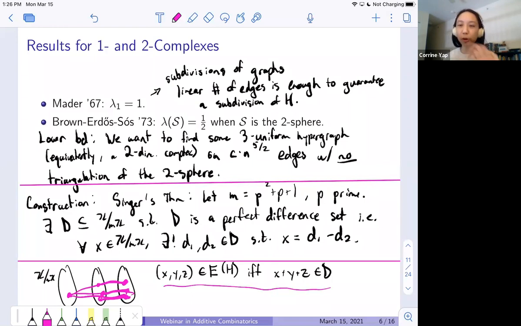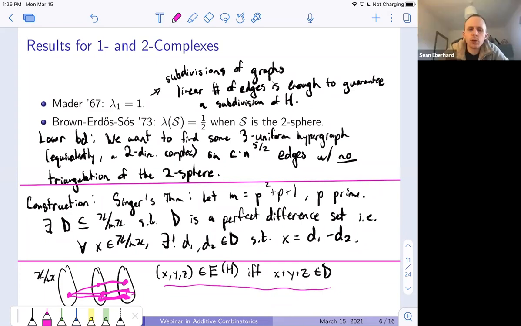I won't go too much into the rest of the argument, but you basically use properties of that cycle and some other properties of degrees and triangulations to say that there's no way any triangulation could exist in this particular hypergraph.